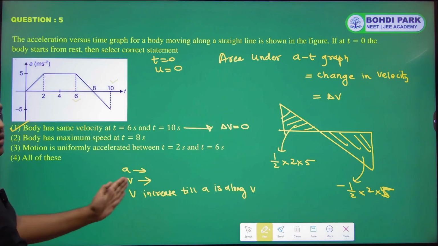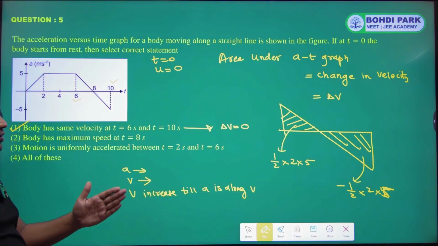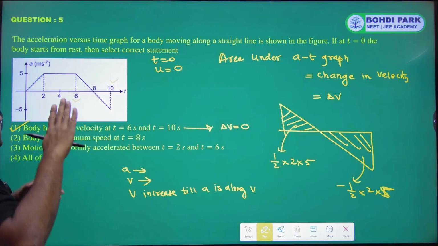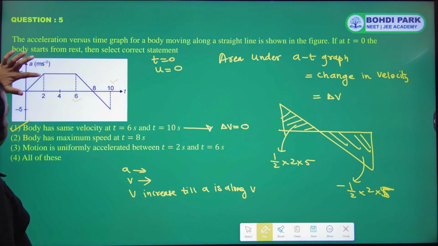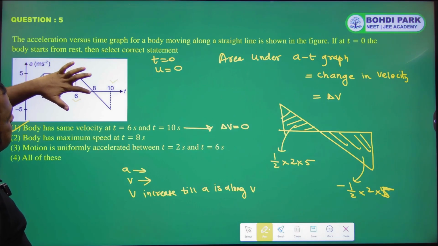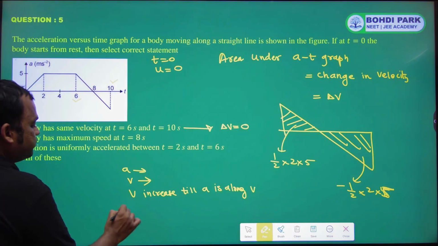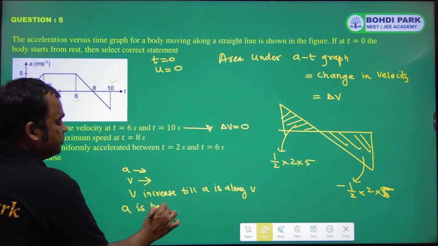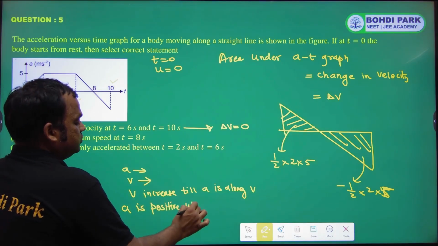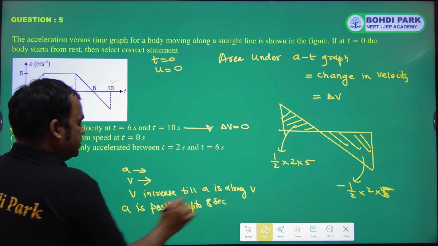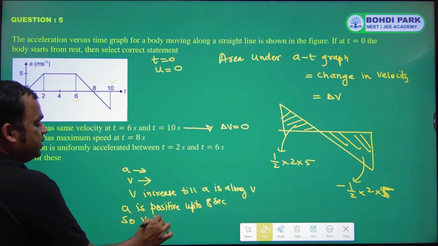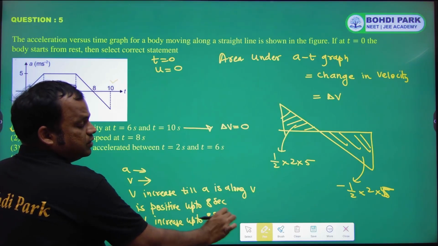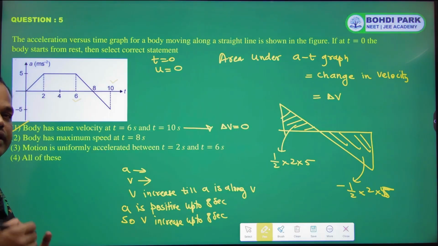So when acceleration is positive, the velocity will keep on increasing. Acceleration is positive up to 8 seconds, so velocity will increase up to 8 seconds. So maximum velocity is at 8 seconds.